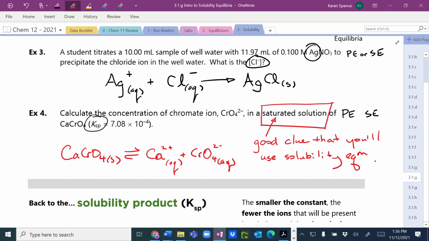Back to our solubility product constant. Professor Dave talked about this, where the smaller the solubility product constant is, what can you say about how soluble it is?